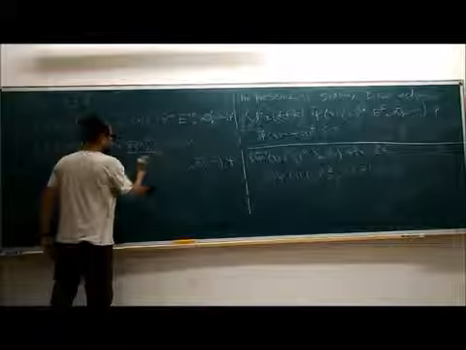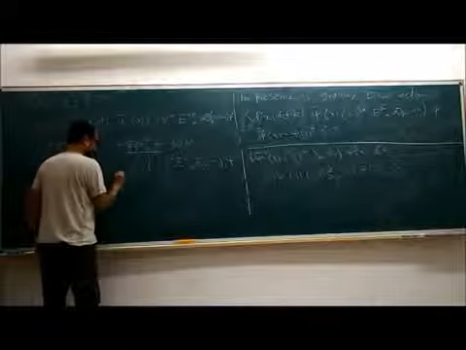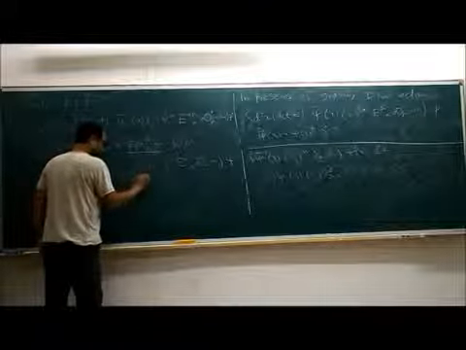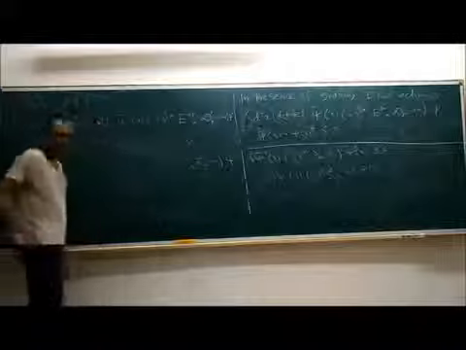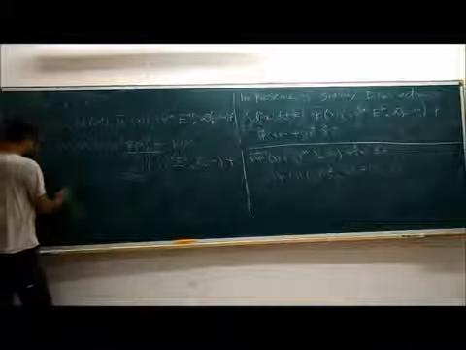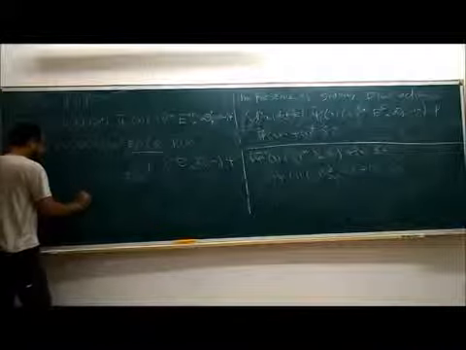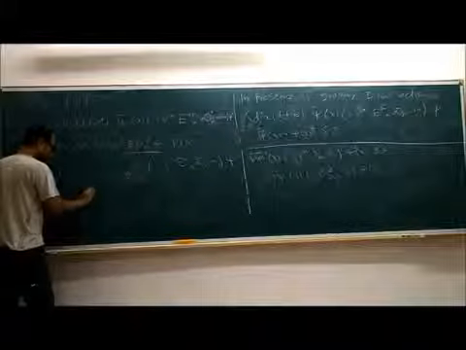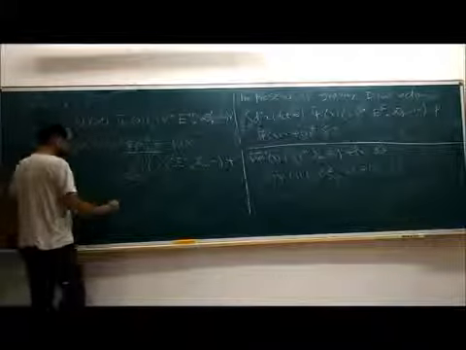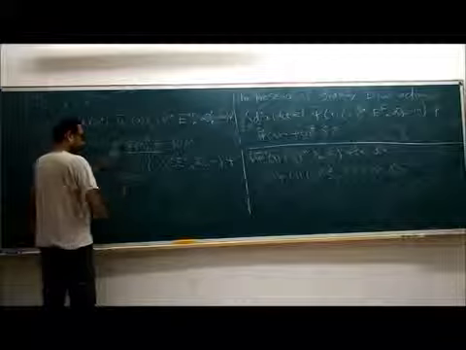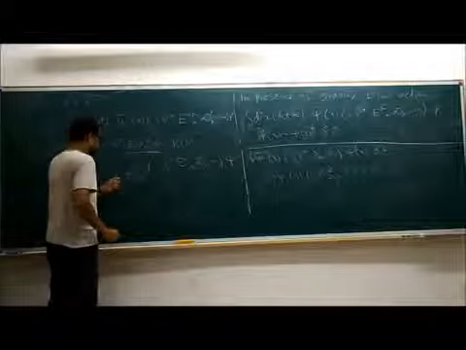This cancels with this, and we get back integral d4x determinant t psi bar, because psi dagger gamma hat naught is now psi bar.